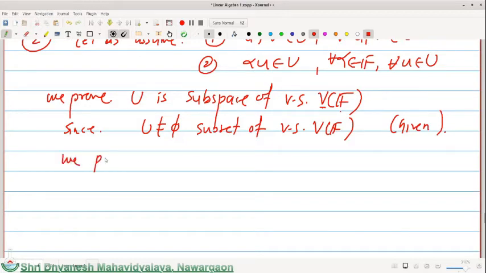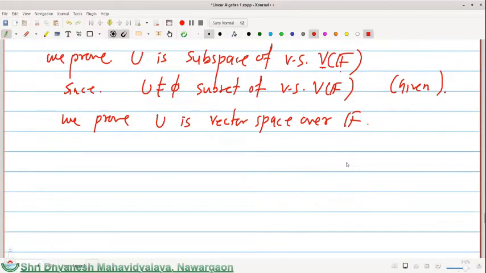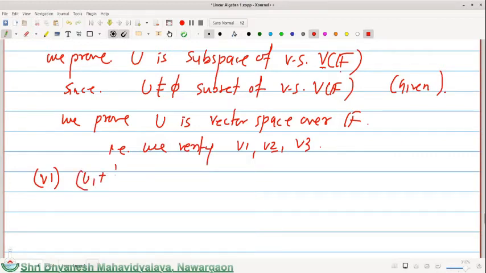We prove U is a vector space over the field F. That is, we have to verify V1, V2 and V3. So we will go one by one. So V1: U plus is an abelian group.